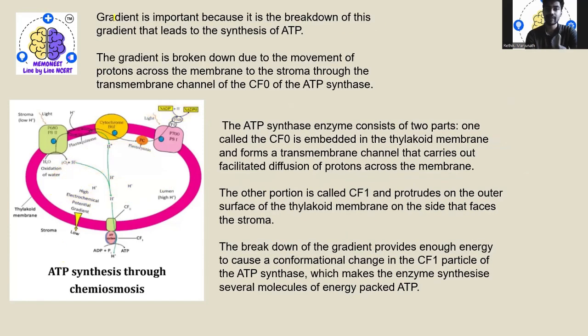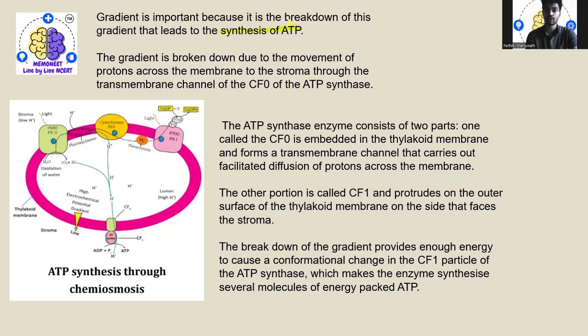The gradient is very important. Why? Because it is the breakdown of this gradient that leads to the synthesis of ATP. If the proton gradient that we are seeing breaks down, then only will we see the synthesis of ATP.